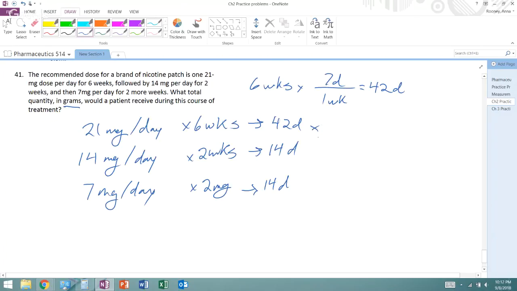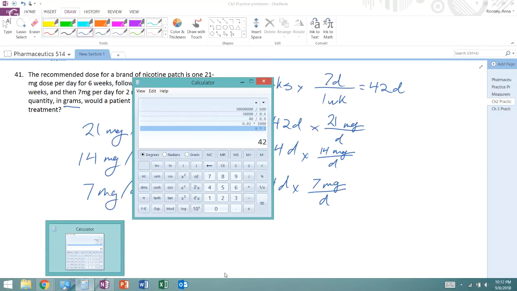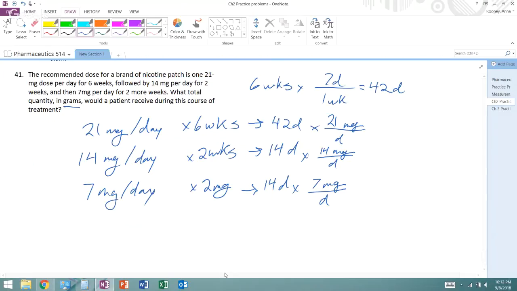So they're doing so many milligrams a day. So 21 milligrams a day, and this is 14 milligrams a day, and this is 7 milligrams a day. I don't know why my brain's not working today.